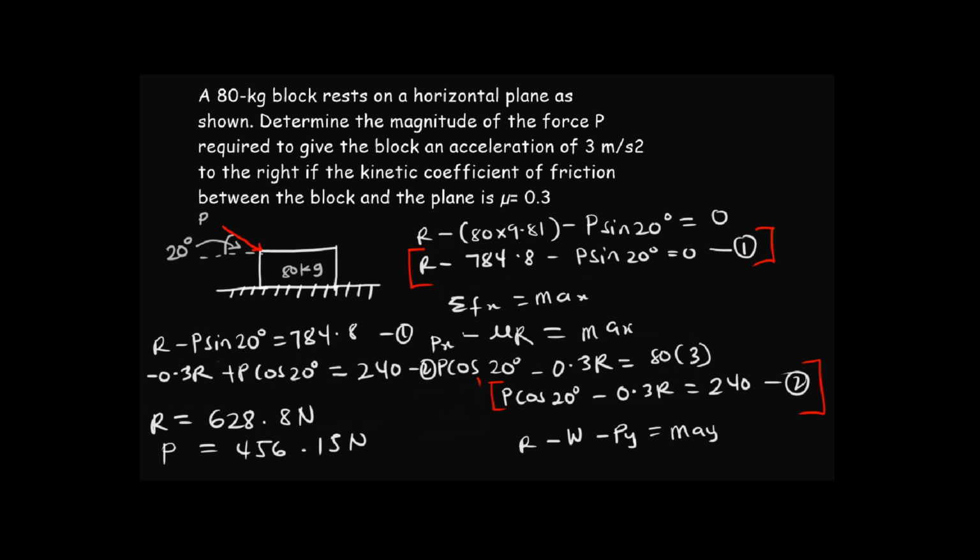So this is the force that we are looking for. This is how to solve this kind of question, which is a kinetics question. You just have to focus on the forces, look at the direction where the block is moving, draw a free body diagram, and then solve the question. Thank you very much for watching this video.